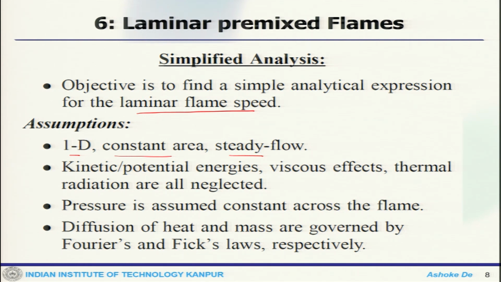Then all kinetic energies, potential energies, viscous effects and thermal radiation are neglected, that is number 2. Also, pressure across the flame is assumed to be constant, so pressure is not an active parameter. And diffusion of heat and mass is governed by diffusion laws like Fourier's law and Fick's law.